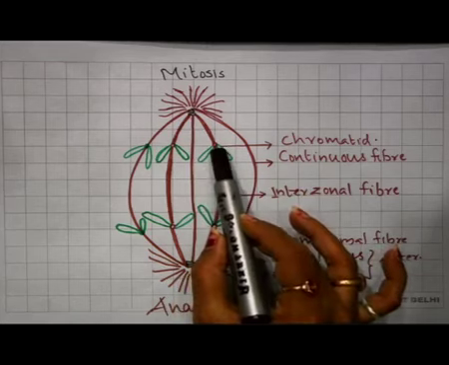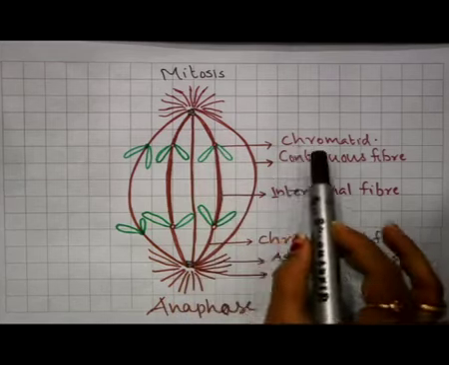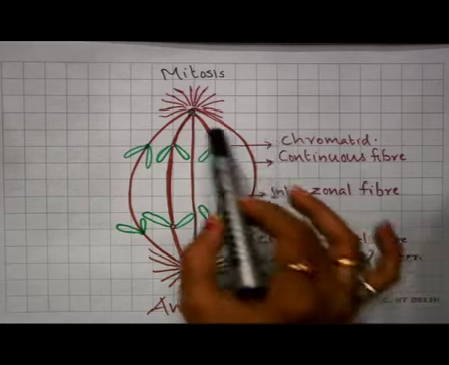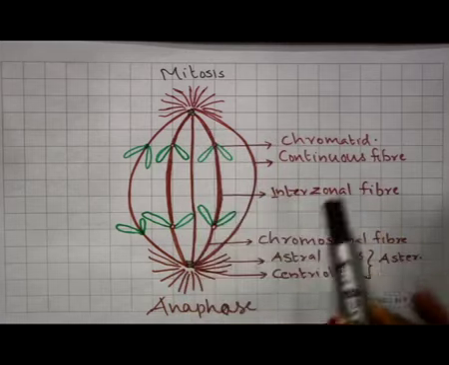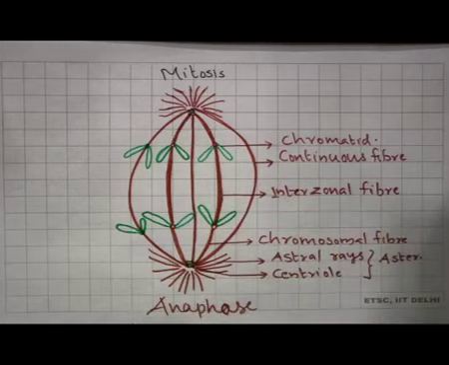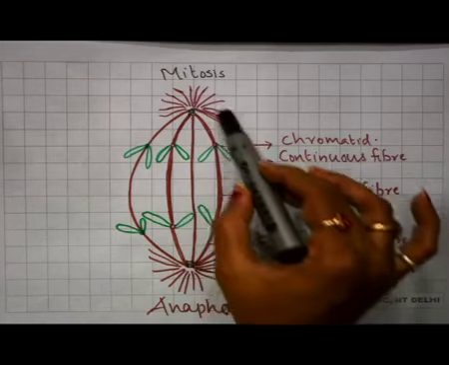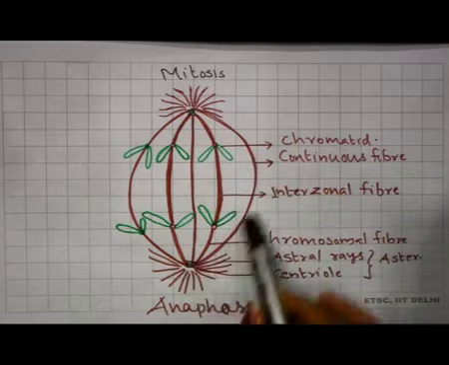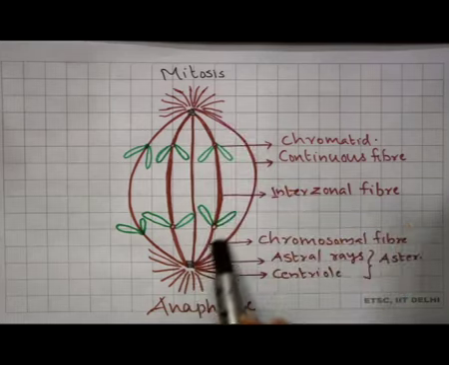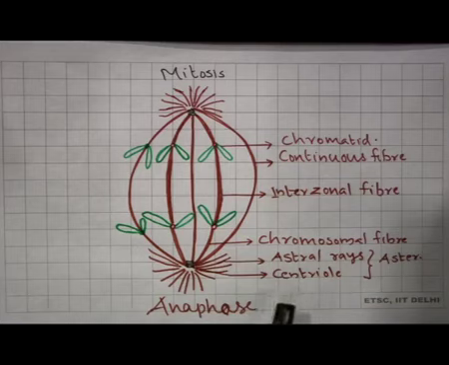You see some of these spindle fibers are attached to the centromere of the chromosomes, and some are moving from one pole to the other, from one centriole to the other, without touching these chromosomes.